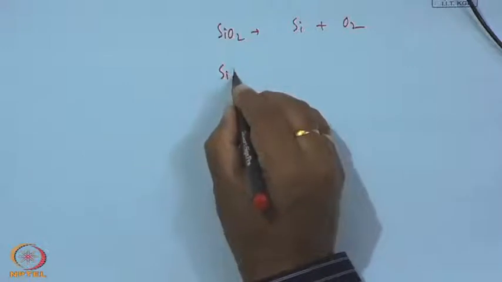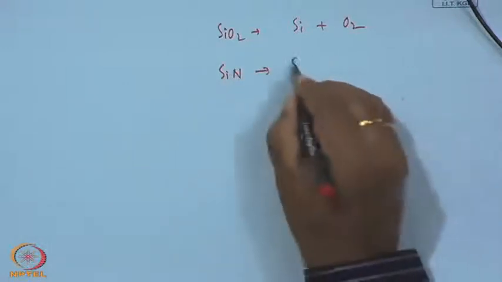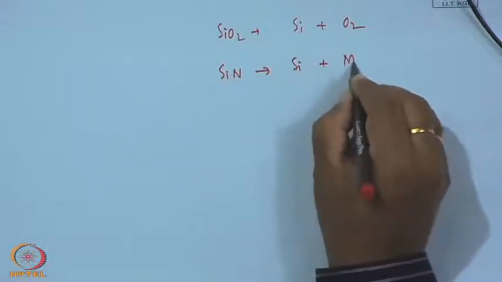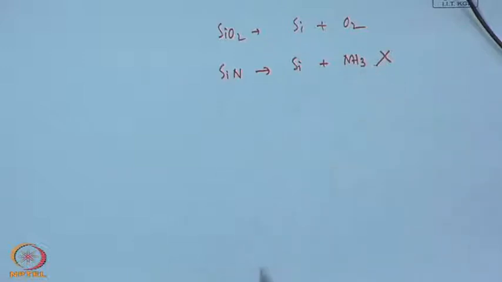However, silicon nitride from silicon with ammonia is not possible, because it is very difficult and a very high temperature requirement is there, special apparatus is there. So, it is very difficult to grow by thermal nitridation. So, what are the processes? One can use the LPCVD or the low pressure chemical vapor deposition or the plasma assisted CVD.